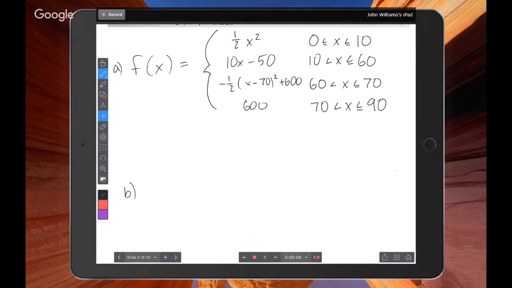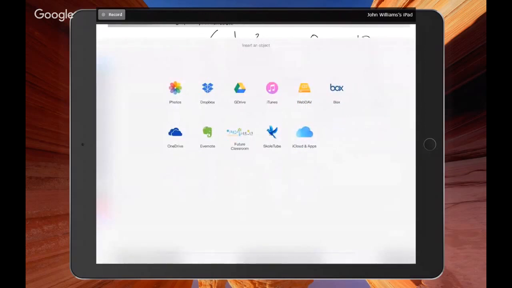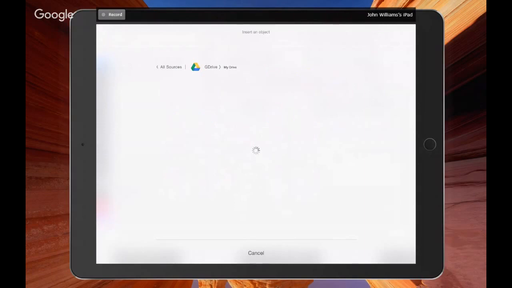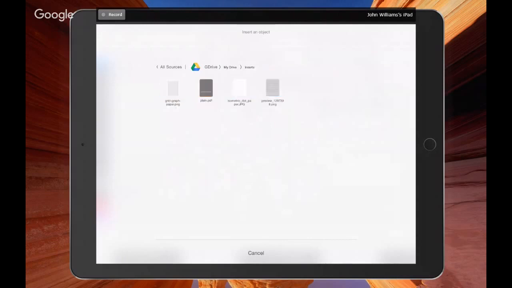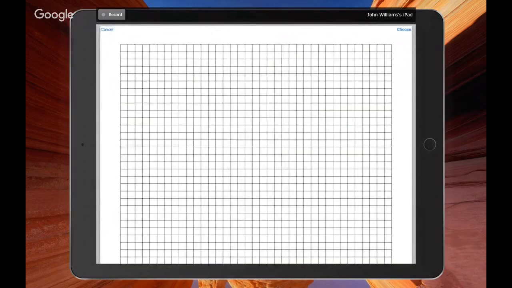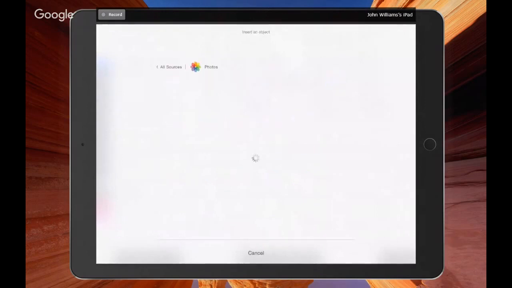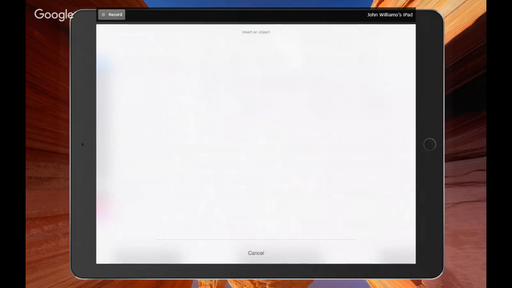And let's pull in some graph paper. Cool. Here we go.